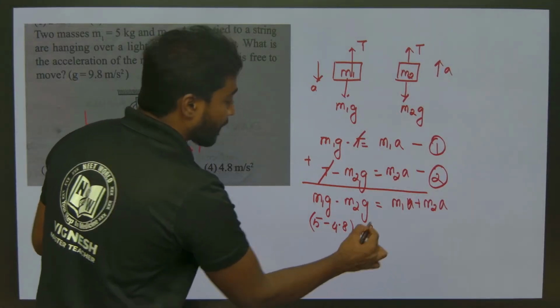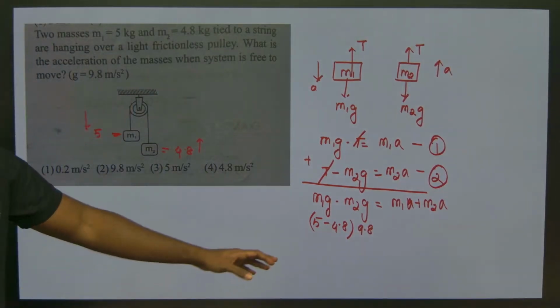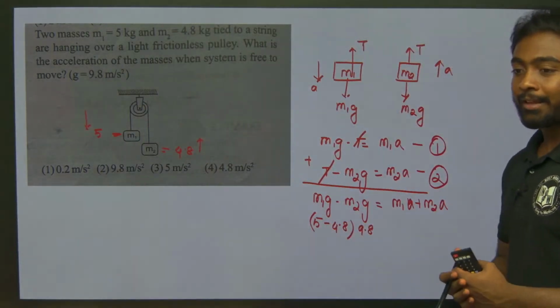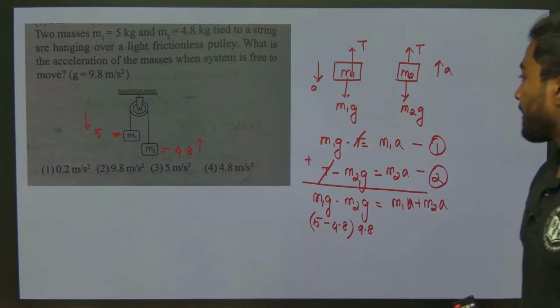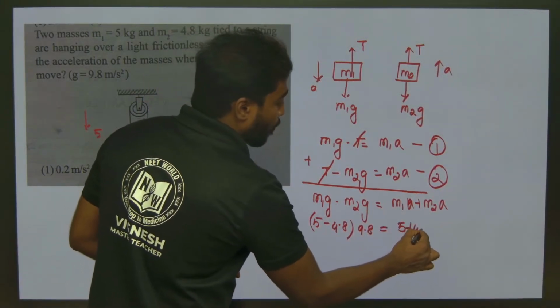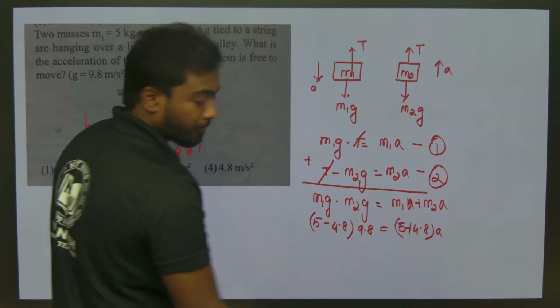If they are not mentioning it, we can take 10 approximately to calculate easily. For the calculation purpose, we will take 10. Now this equals 5 plus 4.8 times a.